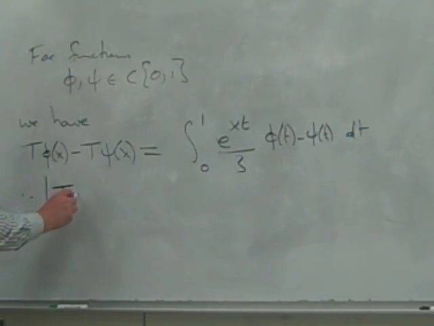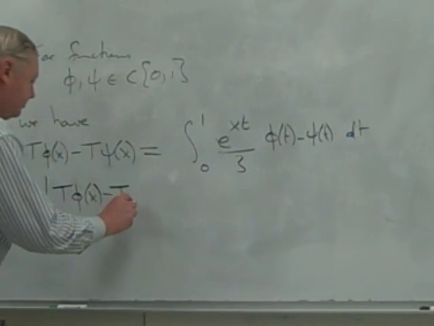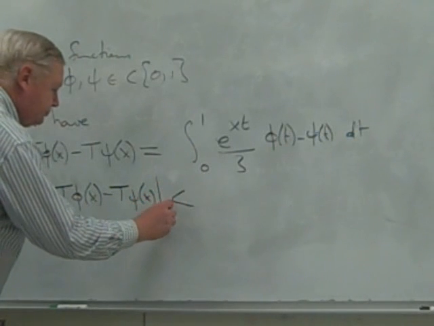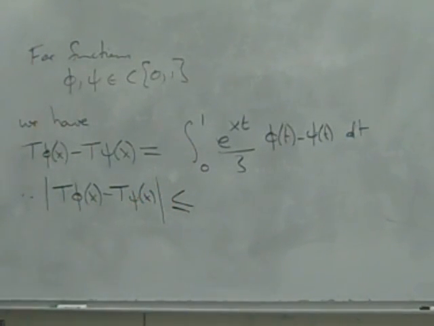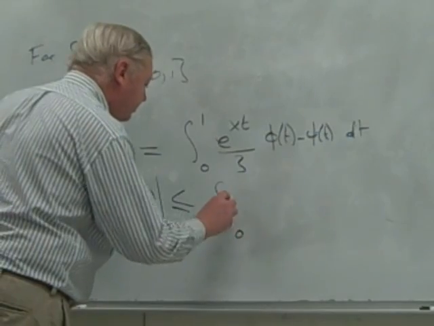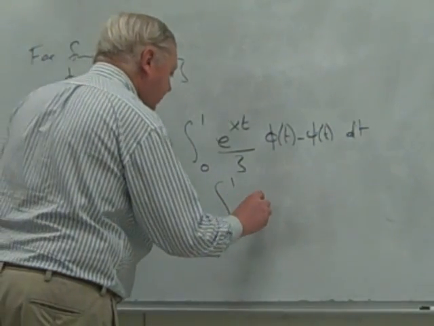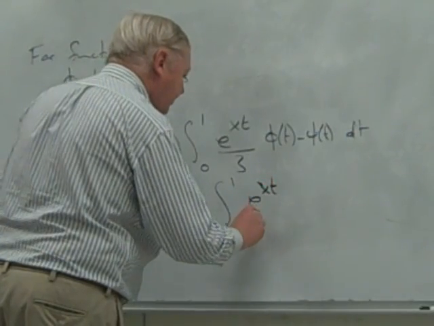And therefore, if we want to estimate the difference, it's the absolute value of that integral, which is less than or equal to what we get when we bring the absolute value inside. So this is less than or equal to the integral 0 to 1. Now e to the xt over 3 is positive, so we don't have to do anything about that.